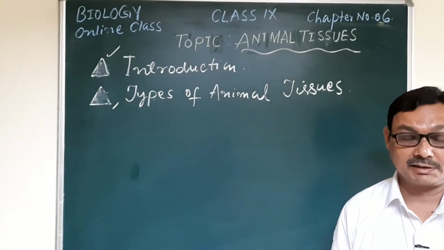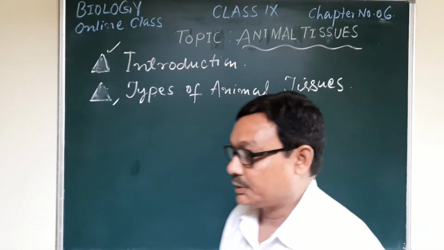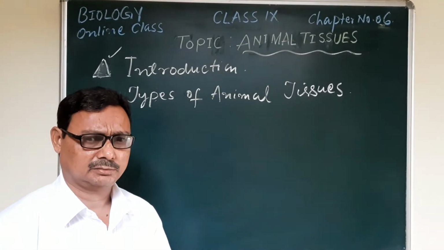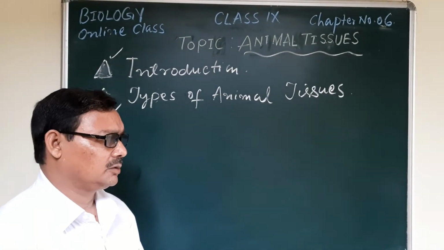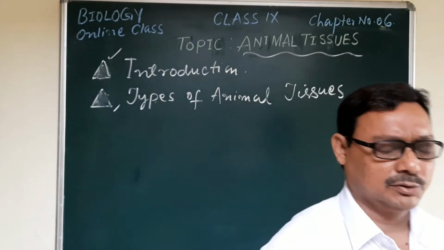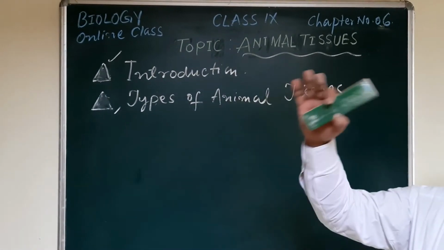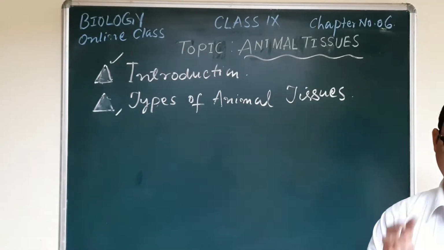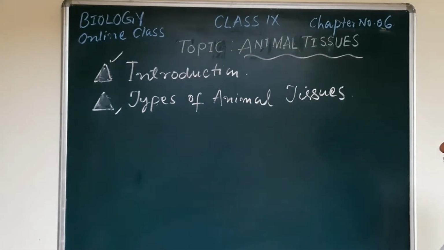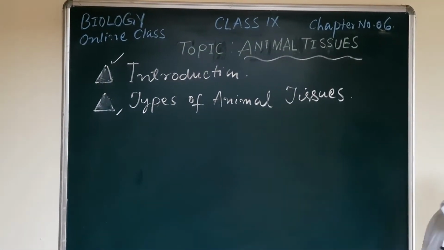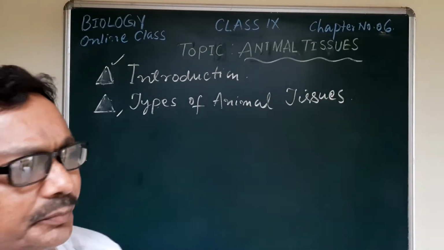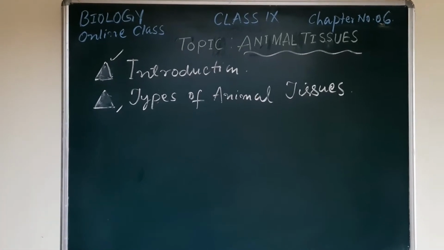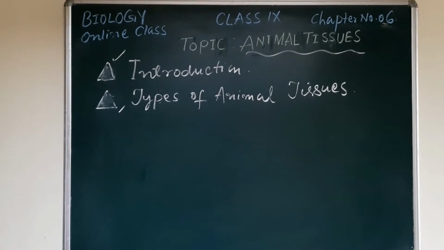At the cellular level, the tissue level, and the organ system level, there is greater complexity in the animal organization. So in the case of the animal tissue also, we will see greater complications in comparison to that of the plant tissue.